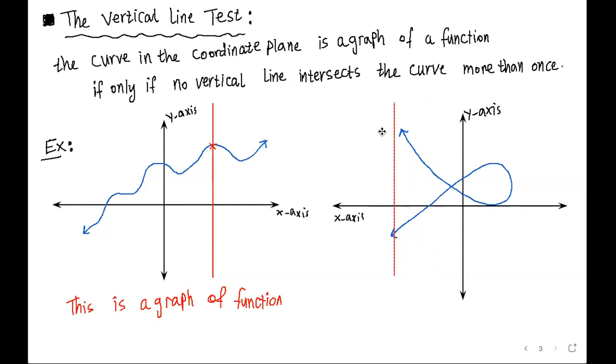No. Why? Because I have a vertical line here, the red one. I move this vertical line over the graph, and I see this vertical line intersects the curve at 2 points. This is the first point, and here is the second point. This means this graph, the blue curve, is not a graph of a function.